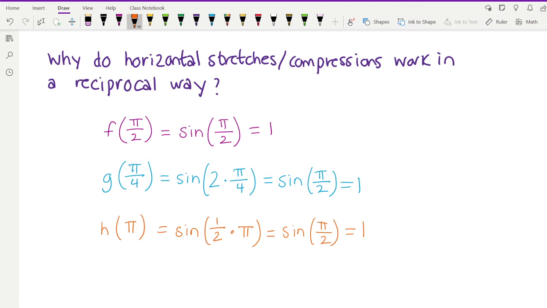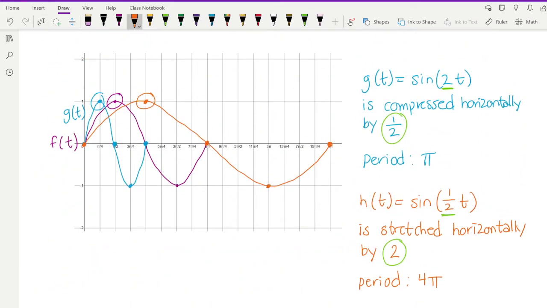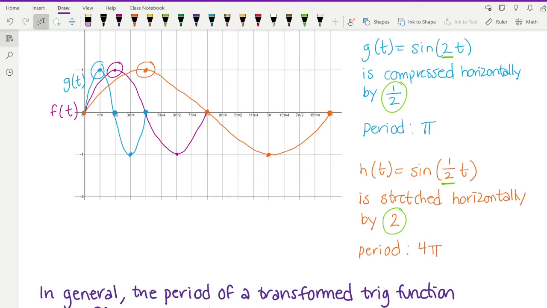Because you're multiplying it by 1/2, it allows larger t values to reach the same height as the smaller ones did. And so in this case, bigger t values reach the same height, and so it takes longer for it to reach that maximum, which gives it this elongated shape. So hopefully that explains why these things work in this reciprocal way.